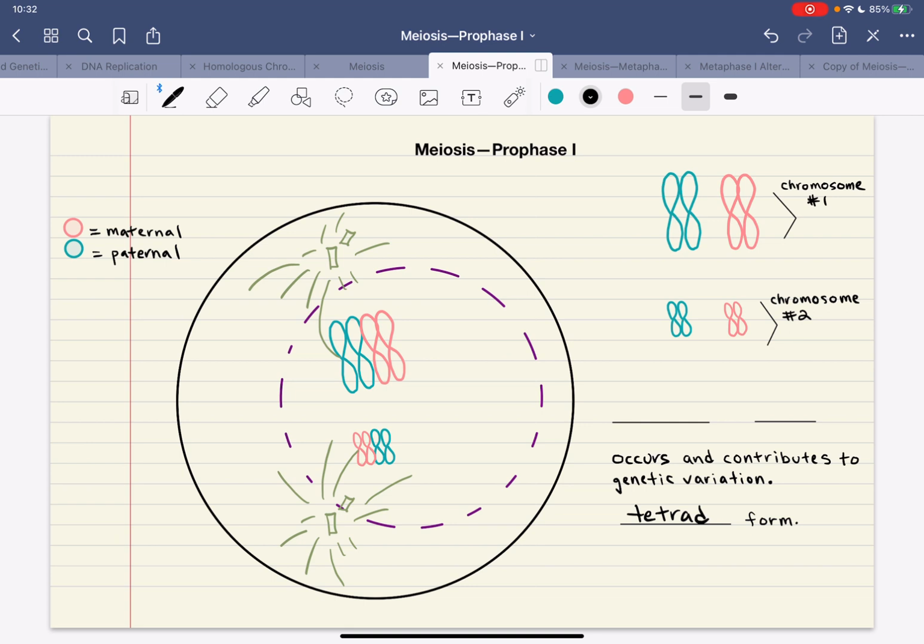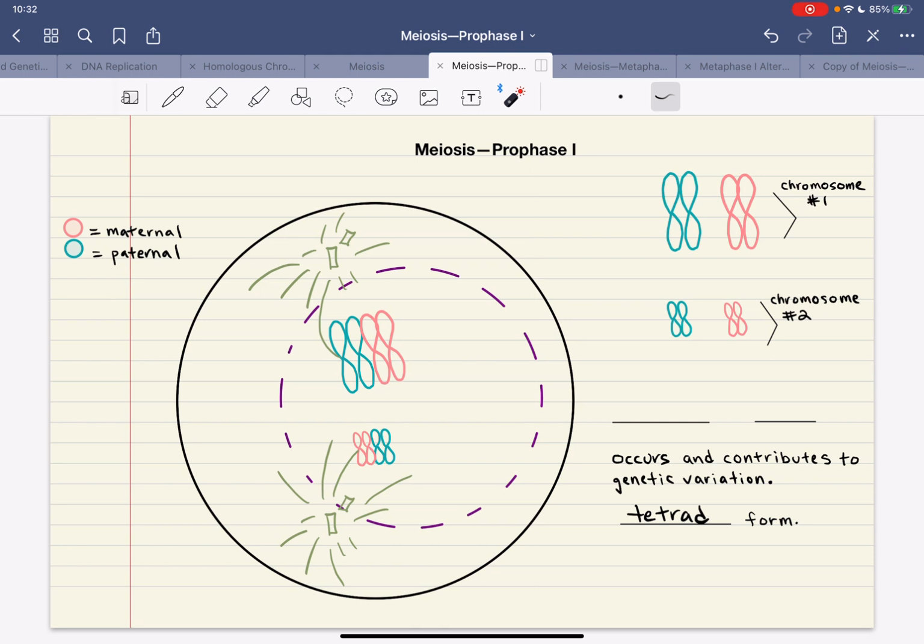What happens is, the two homologous chromosomes actually swap DNA. They break off a little piece of their chromosomes and then they trade pieces.